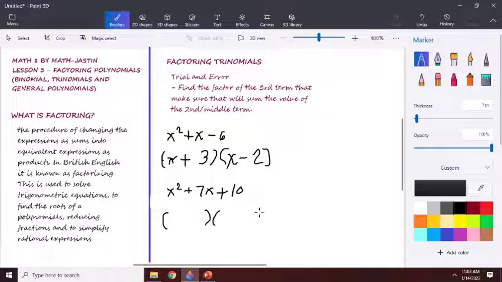Kasi 5 times 2 is 10. 10 times 1, common sense naman, 11. Or kapag i-minus niya naman, 9 or negative 9. So, 5 times 2 is 10. Since positive din, kung ano yung sign ng middle term, positive. We have 5 and 2.